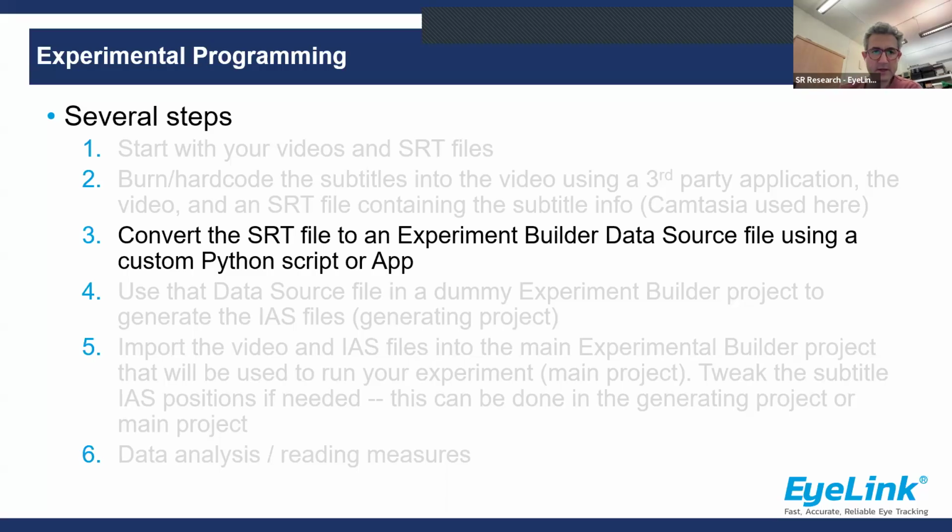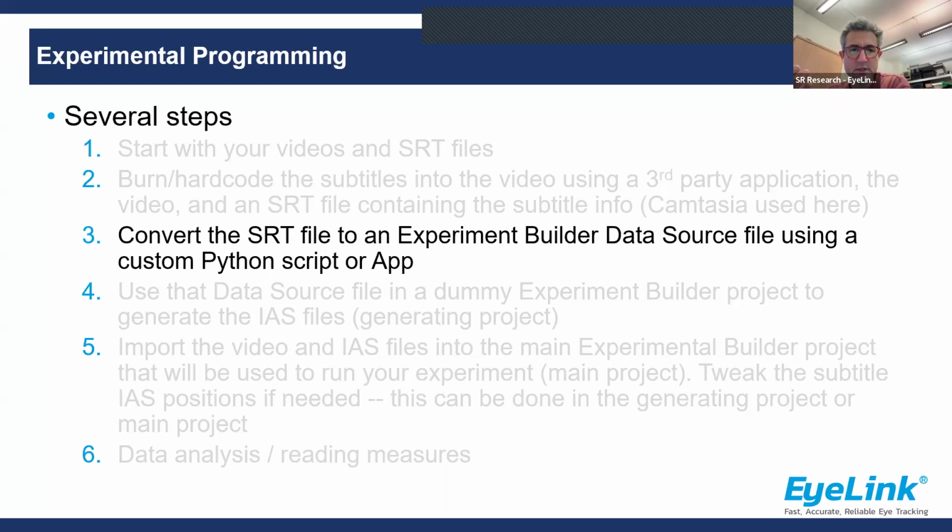Okay, so then let's move on to the next step, which is convert the SRT file to an Experiment Builder data source using a custom Python script which Marcus created, which is also an app now.